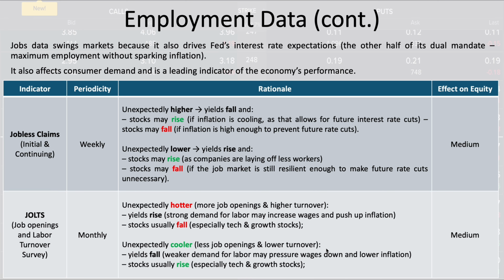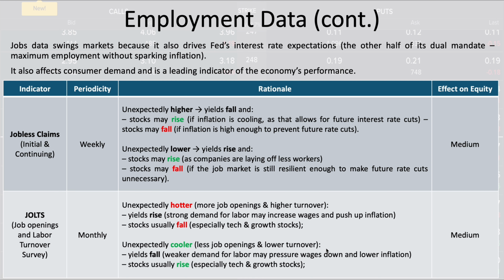But if it comes in unexpectedly hotter, so there are more job openings and the companies are experiencing more employee turnover, the yields tend to rise, because that means that the job market is very dynamic, and because it's very dynamic, companies are fighting for the best employees.